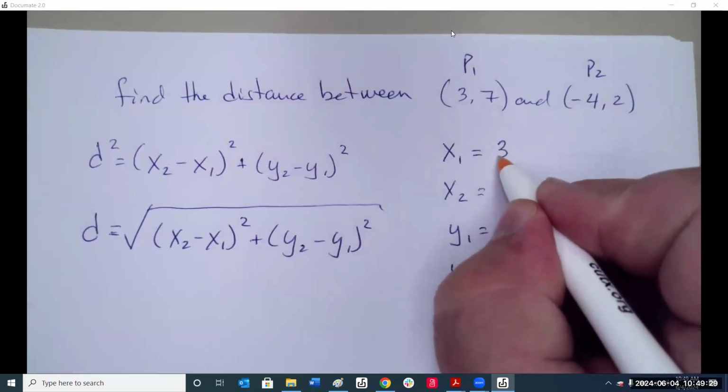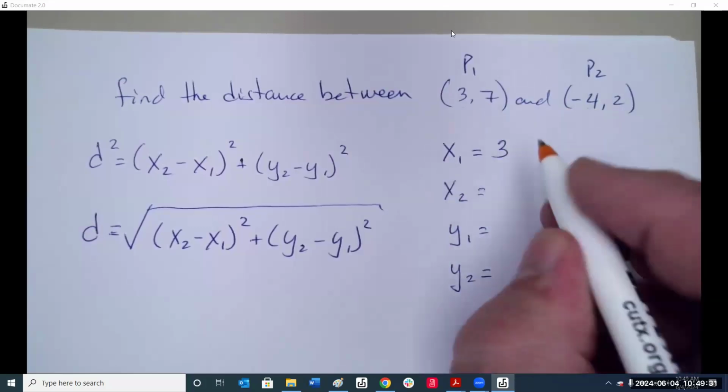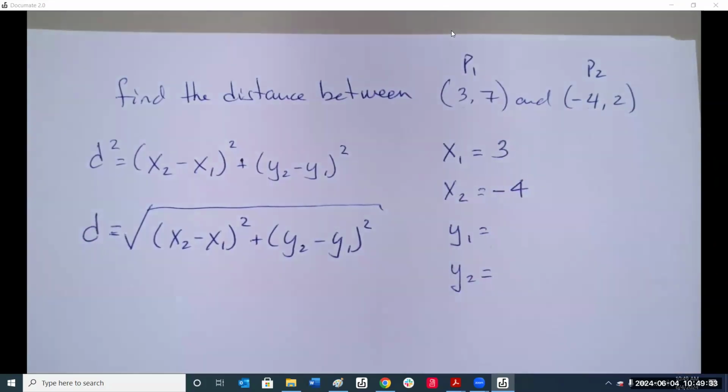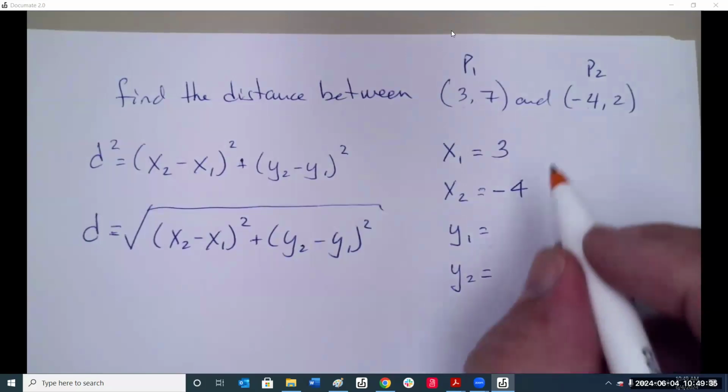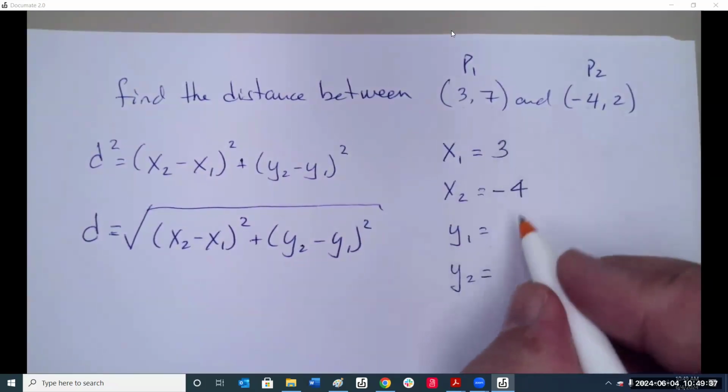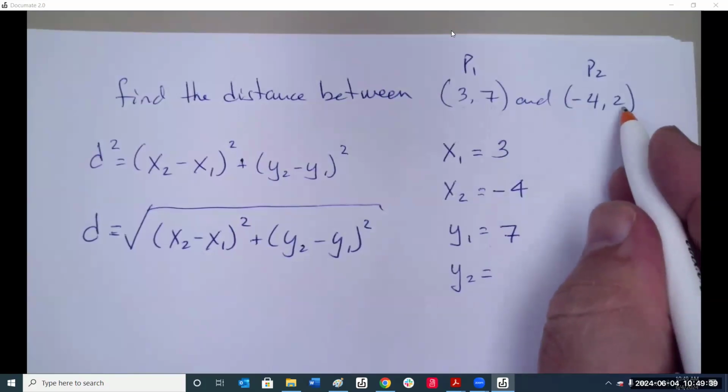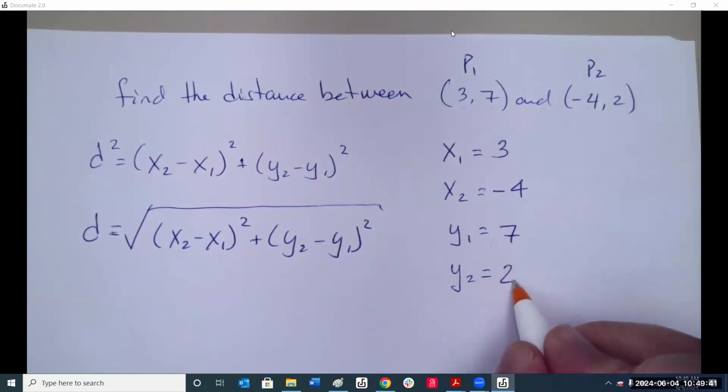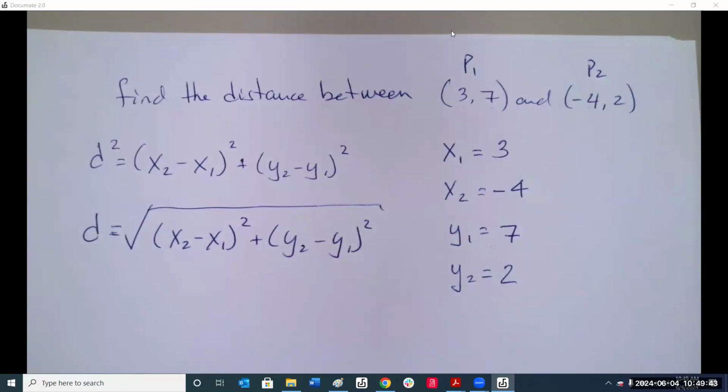X1 is 3, x2 is -4. The y value of the first point is 7. The y value of the second point is 2. Once you have this, it's plug and play.